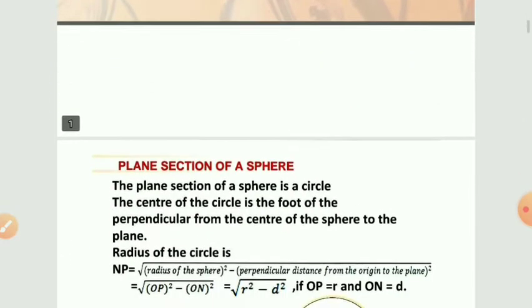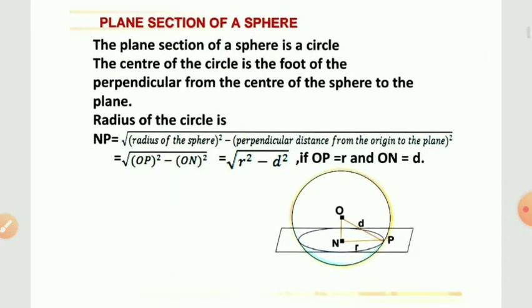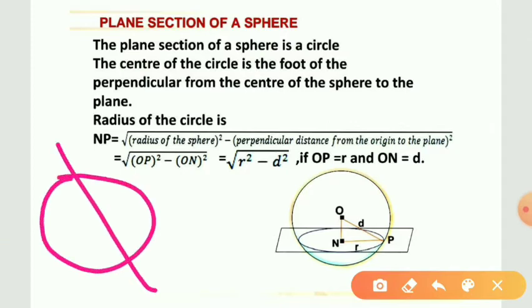So, what is the plane section of a sphere? Suppose you take a sphere and a plane like this, the plane intersects the sphere in a circle. That means the intersection of a sphere with a plane is a circle.